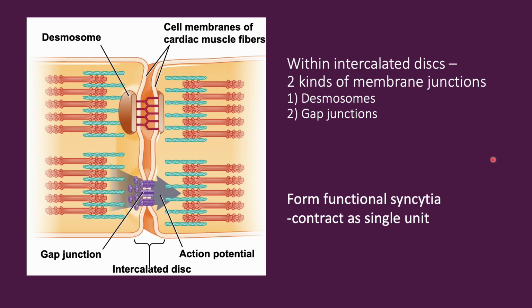Remember we talked about the functional syncytium last time: all those cells, because they're connected via those gap junctions, are going to contract as a single unit. That is how the heart contracts as one single unit, due to these gap junctions, which form a functional syncytium. Okay? So again, two important types of membrane junctions here. One that holds those contractile cells together, and another that allows for communication between them.